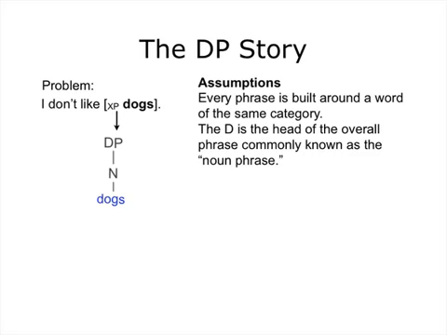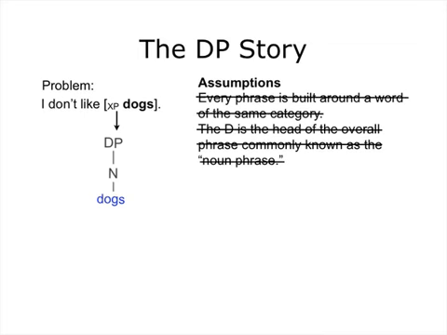If your story says everything that goes in the subject slot is a phrase, and all phrases have to be of the same category as their head, the head of the pronoun, the word that has I at its base, what category does I belong to? What would you say? You had to make a choice. The only things you have are determiner, noun, adjective, verb, preposition. I, you, he, she, what do they belong to? Noun, that's what most people would say, right? Okay. So how do you deal with those kinds of things, right? That's a problem that we have with this story.